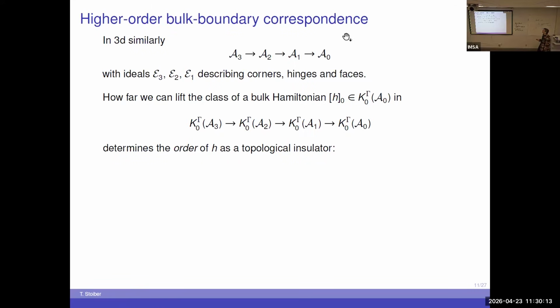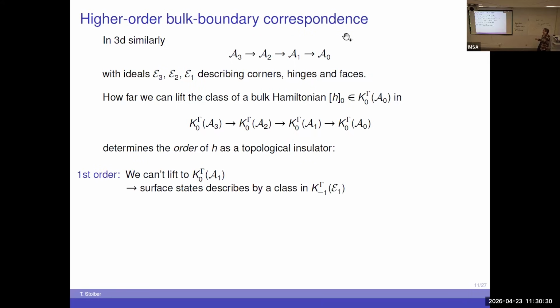We start out with a topological class of a bulk Hamiltonian, which lives all the way over in the bulk, and we ask how far can we lift this K-theory class until we get stuck. And this really determines the order of the topological insulator.